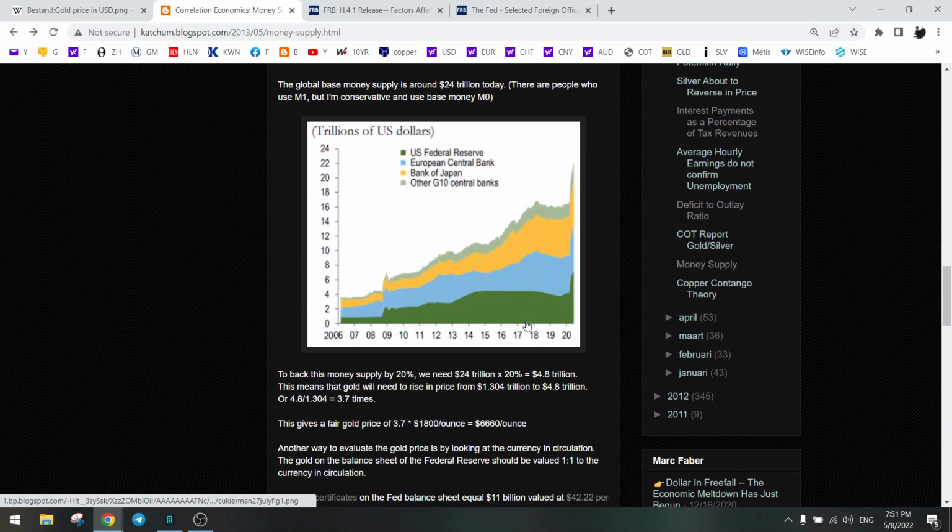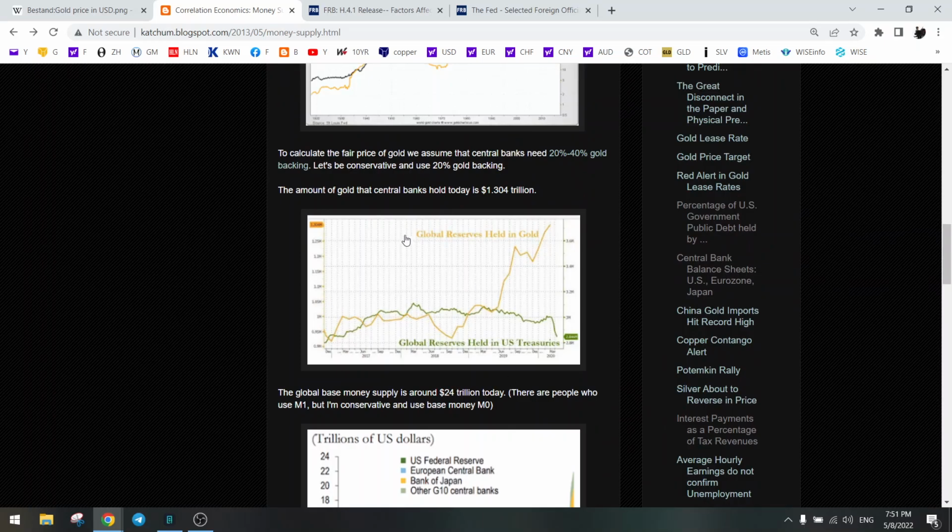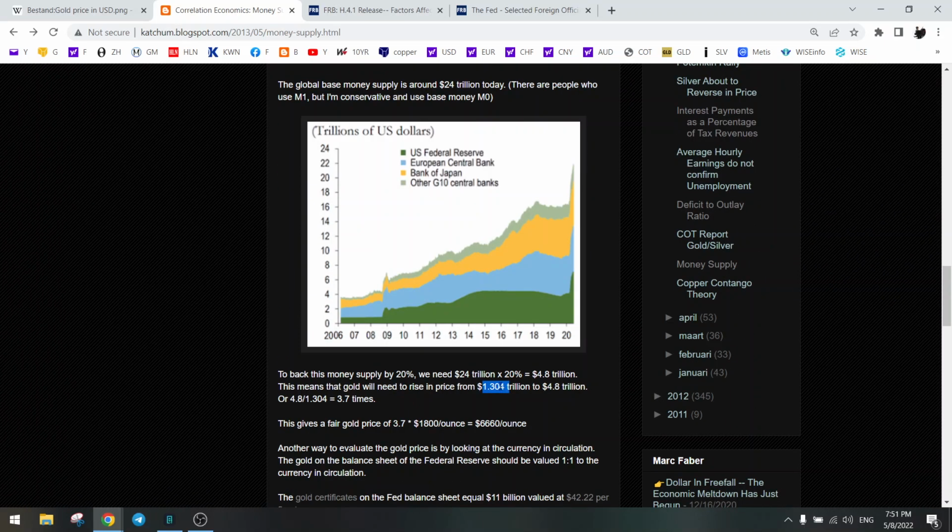then you can actually make the calculation. So we have 24 trillion and we take 20% of that, then we have around 5 trillion that needs to be in gold, right? Now, the gold reserves were 1.3 trillion, as you can see here.